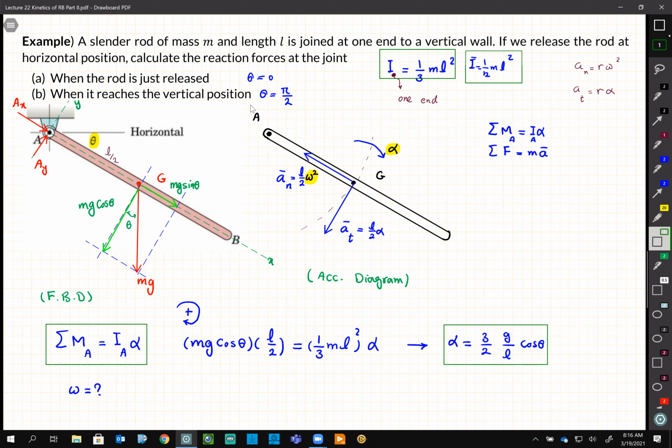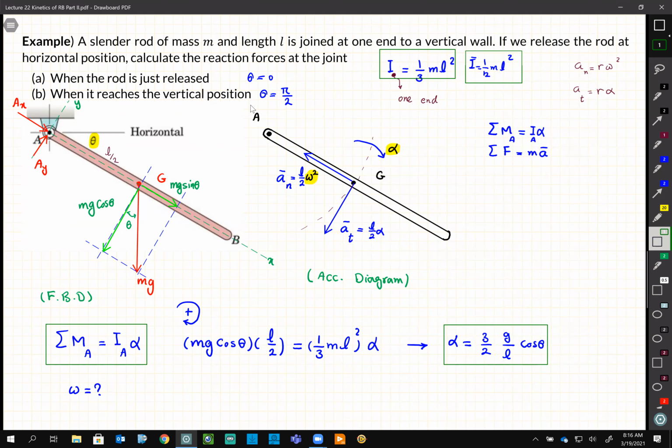Imagine that we release this link from the horizontal position. We keep it with our finger and then we release it. At the very first moment that we release it, obviously the speed is 0, right? Because we just release it. It's more like a car that wants to start. No speed, so omega is 0.